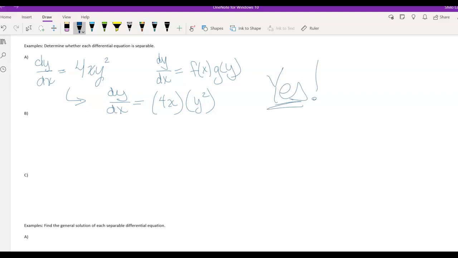It is separable. Our next differential equation is dy over dx is equal to negative e to the xy squared, all divided by 3x. The divided by 3x won't be an issue because we could, if we needed to, write that as multiplication.